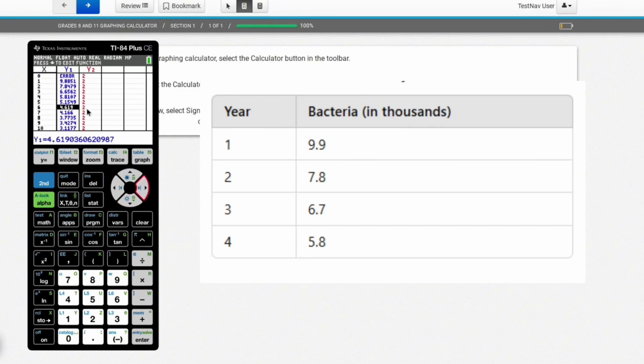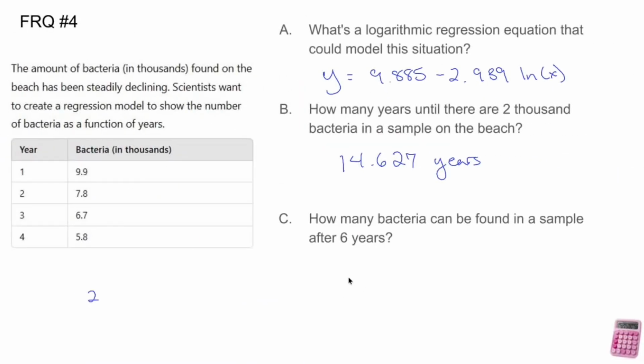We're looking at y sub 1 because that's where our equation lived. Y sub 2 is just us plugging in for 2,000. So don't worry about that. But we get 4.619, which means 4,619. So let's go back and write that out. The number that we got was 4.619, but what that means in this case is 4,619 bacteria.